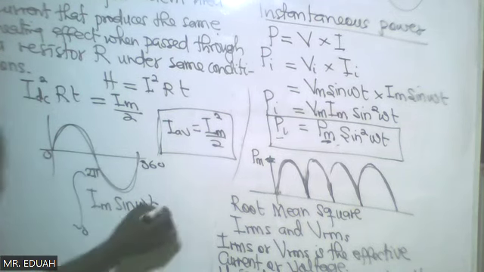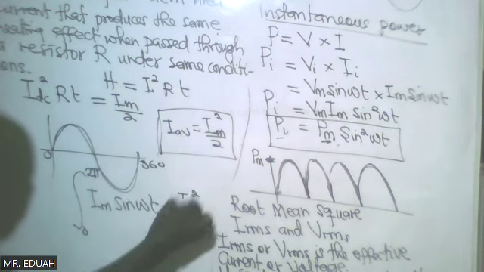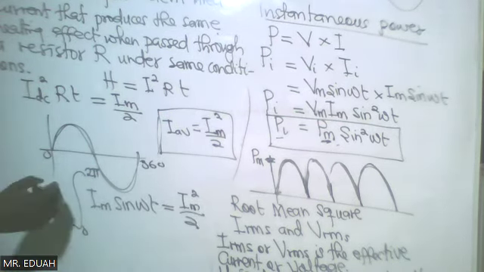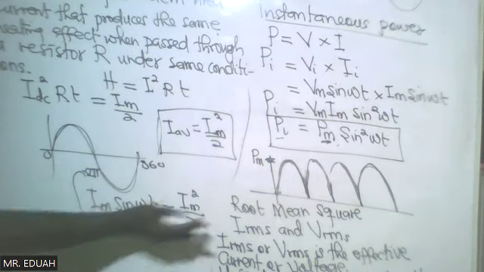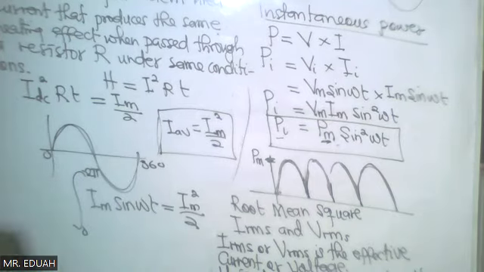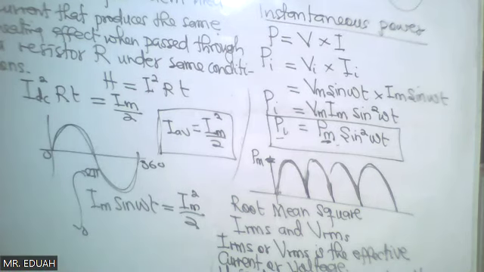And when you do this, this is equal to IM squared over 2. Okay, so the proof of this or the integration of this would give you this, but I don't want us to go through it. So the average current over one cycle is equal to this.